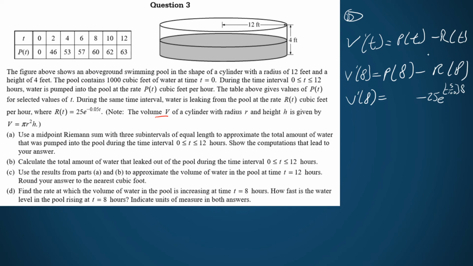Okay, what was P of 8? 60. Perfect. So that's straight from the table.